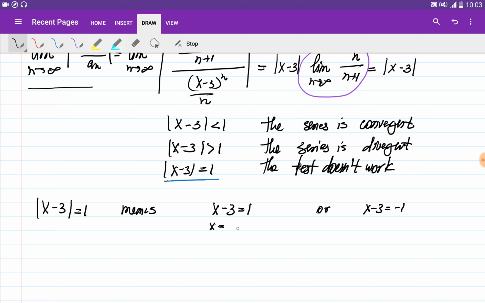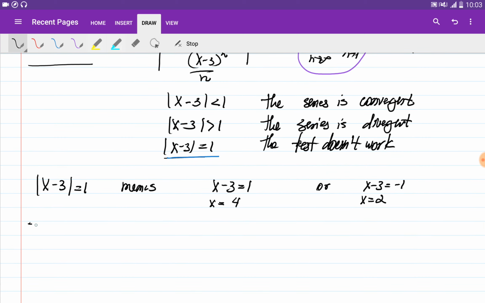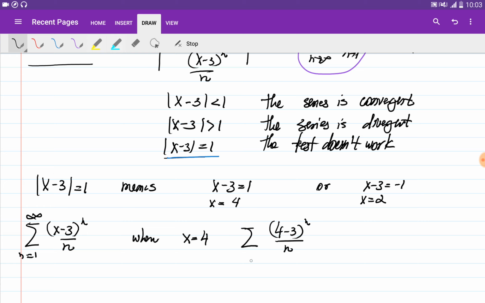So there are two cases, where x is equal to 4 and x is equal to 2, right? So let us check them separately. Our series had the form sum of (x minus 3) to the power of n divided by n, n from 1 to infinity. So when x is equal to 4, our series has the form sum of (4 minus 3) to the power of n divided by n, n from 1 to infinity.